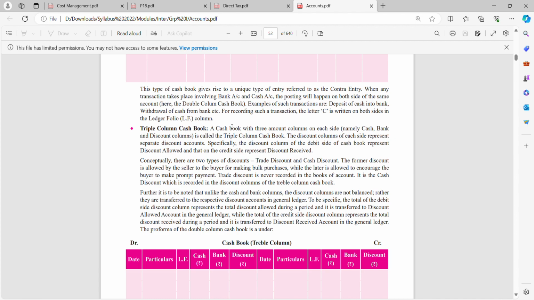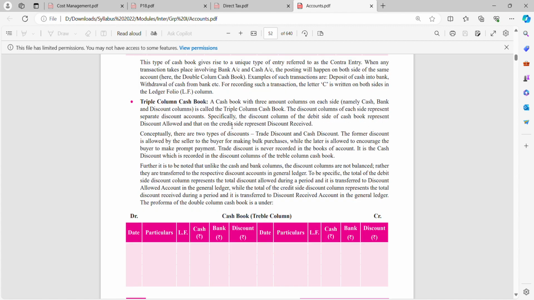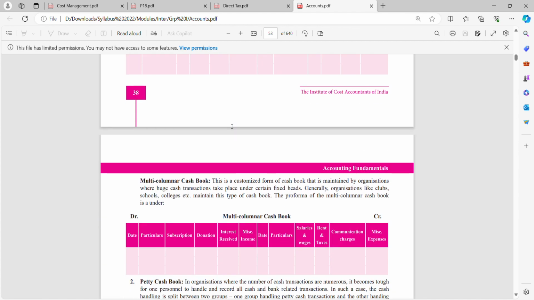So here I can ask for a discount for early payment. Such discount amount will come under discount column. Then I'm giving discount to someone who has paid a little early. So discount given, discount received, both the discounts will be reflected here in discount column.